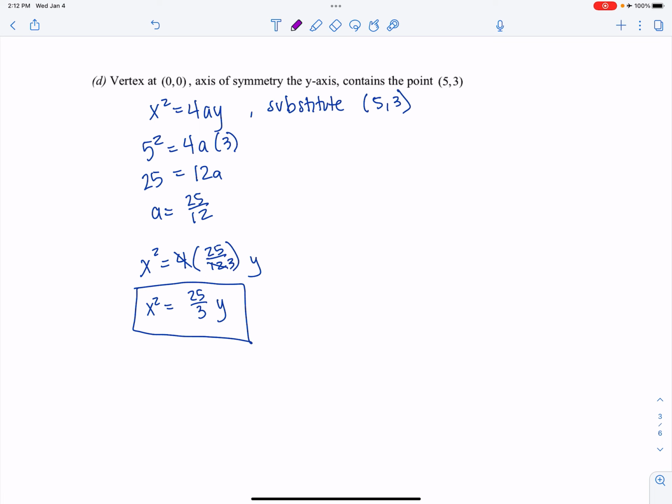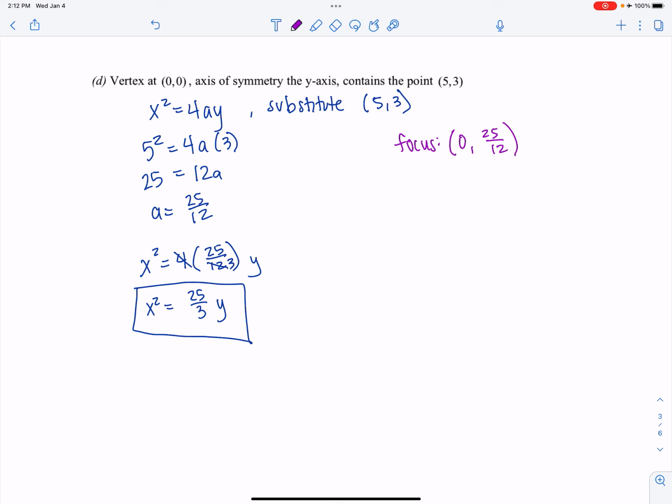We can determine our focus, and the focus is (0, 25 over 12), because our focus is the a.